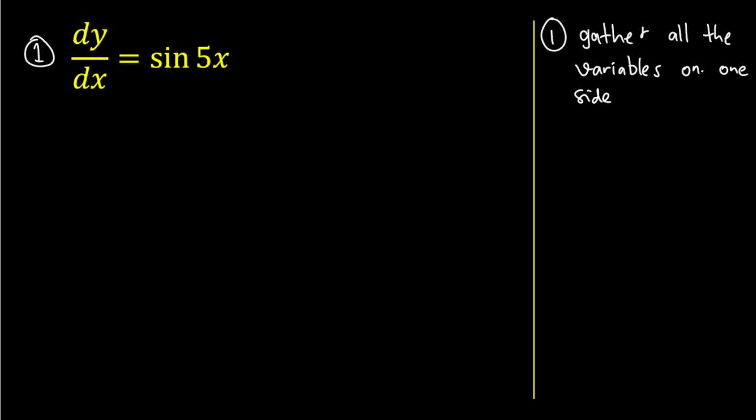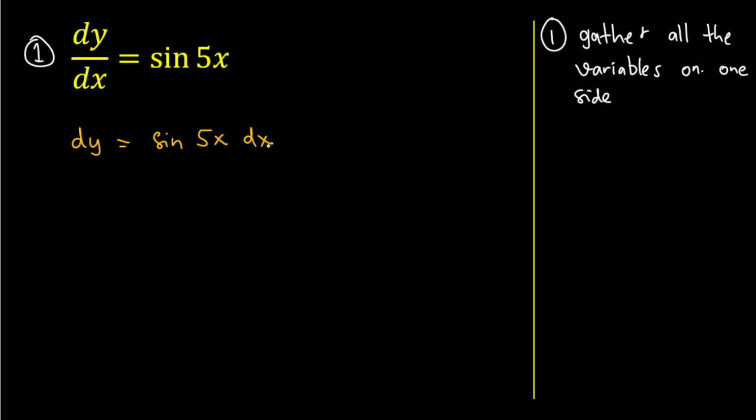So we treat this dy over dx as a fraction. So we can move this dx to the right hand side. So we will have dy, and that will equal sine 5x dx.